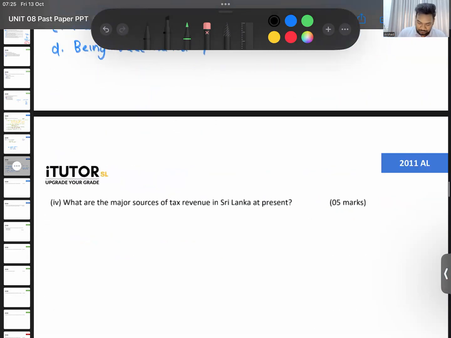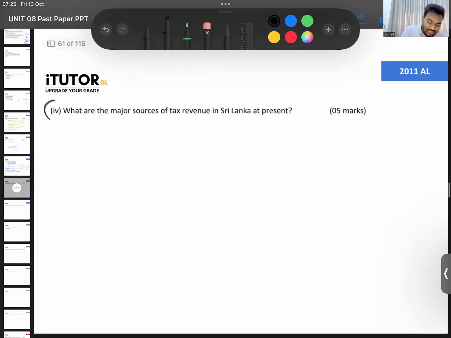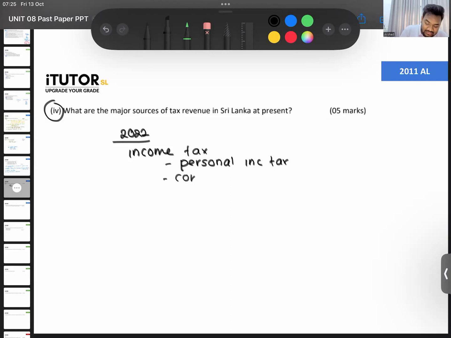Then number 4, what are the major sources of tax revenue in Sri Lanka at present? What and what do we have, Lamai? If we go with 2022, what are our major sources? We have income tax, under which we have personal income tax and corporate income tax.